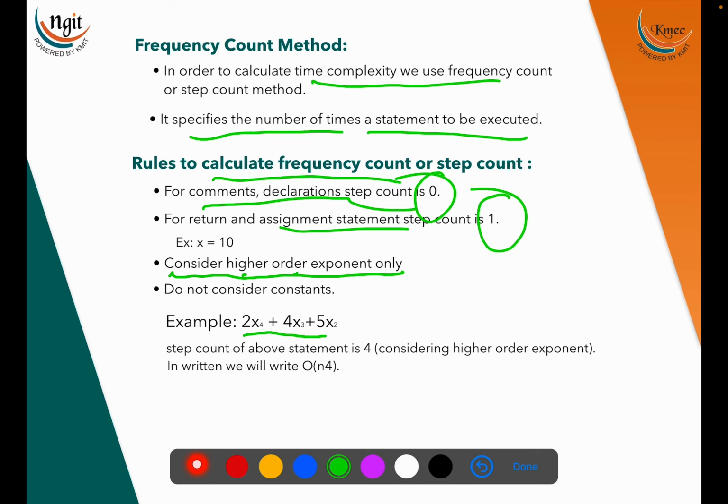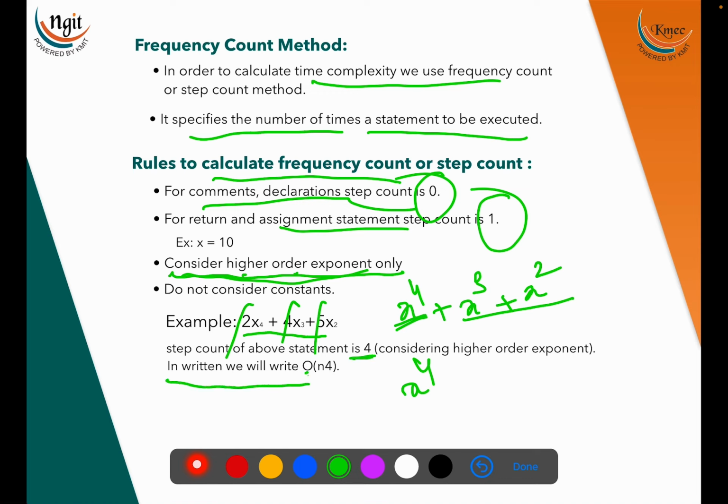Ignore the constants 2, 4, 5, leaving x power 4, x cube, x square. According to this rule, only the higher order exponential is considered, so we ignore the other two. Finally it is x power 4, so the step count of the above statement is 4. In writing, we will write big O of n power 4.